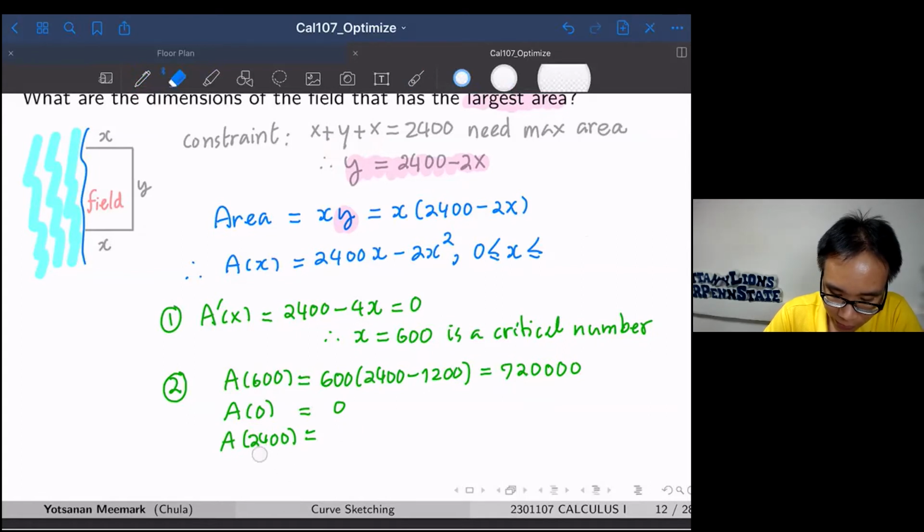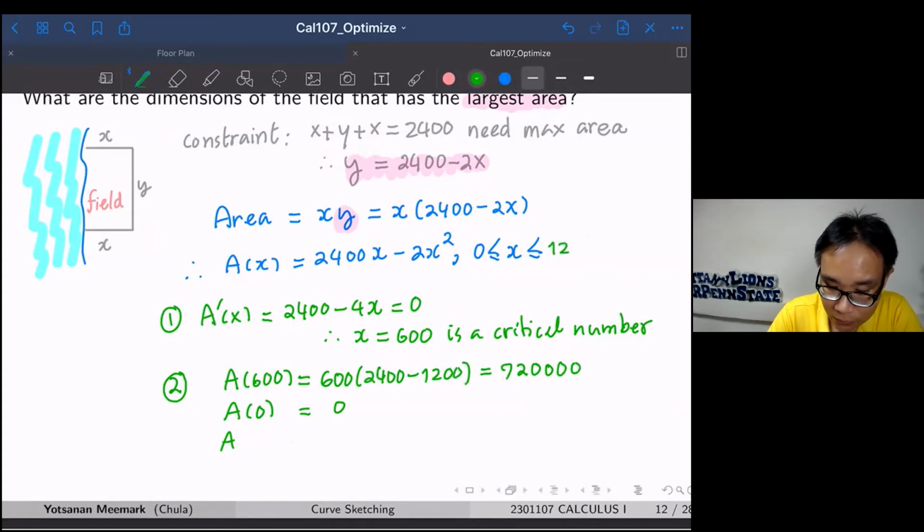So x is not going to exceed 1200, because you have 2x. So this one is going to be 1200. Okay, it makes more sense, right? And it's going to give you 0, so that it's not going to go to a lower or negative area. So you get A of 1200 equal to 0. This one must be correct.